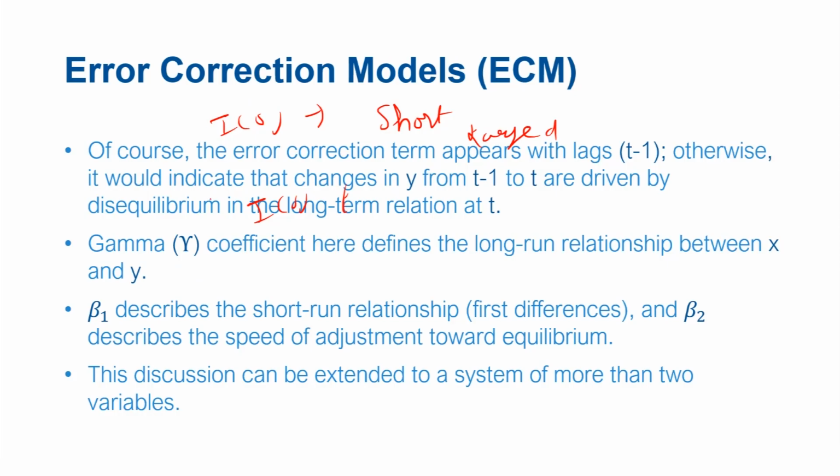This kind of approach helps not only estimate the long-term relationship and short-term relationship, but also the adjustment towards equilibrium as time progresses. However, this approach can only be applied if the system of variables, or the linear combination of these variables, is cointegrated, that is, driven by some kind of fundamental long-term relationship.